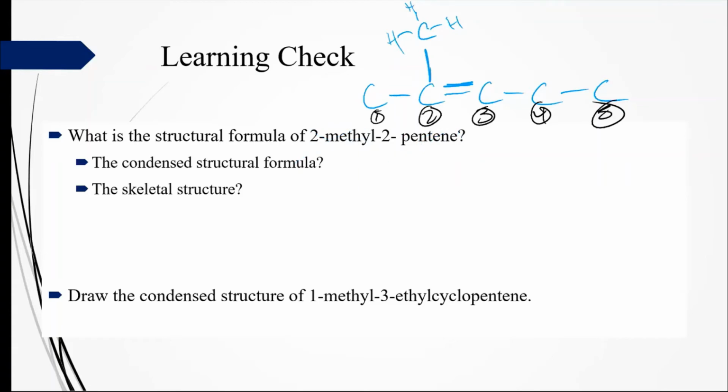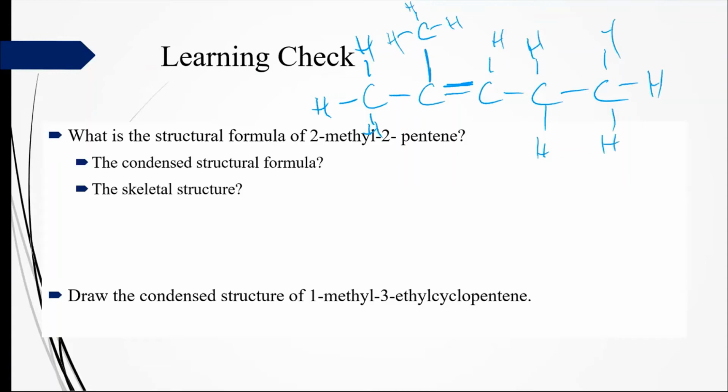Now that we have this backbone all set up, I can go in and worry about my hydrogens in order to make my condensed one. So this one could be my expanded structural formula. This one doesn't need any hydrogens. This one needs 1, 1, 2, 1, 2.